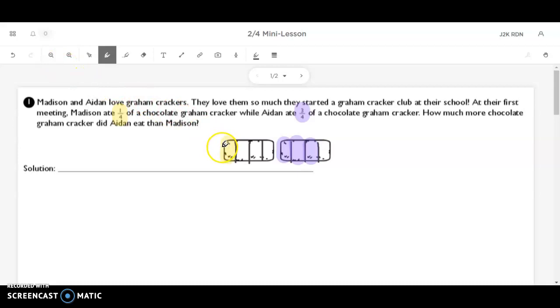So is it asking us to combine our numbers, separate our numbers, or compare our numbers? It's asking us to compare, which is what operation? Subtraction. So that means we are going to be doing 3/4 minus 1/4.